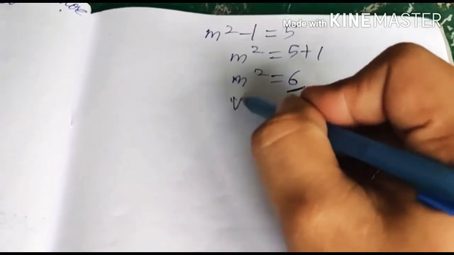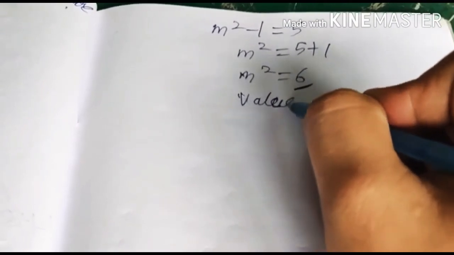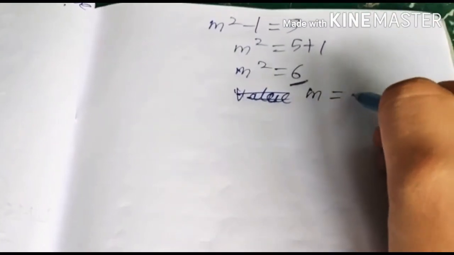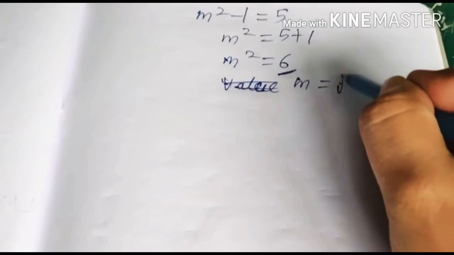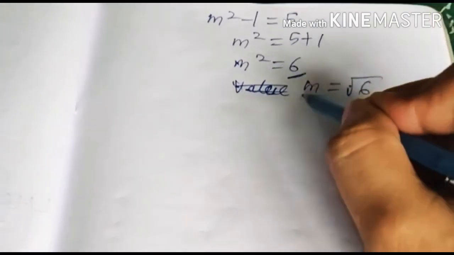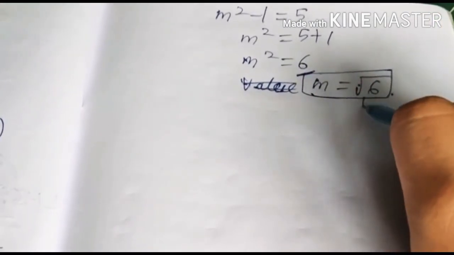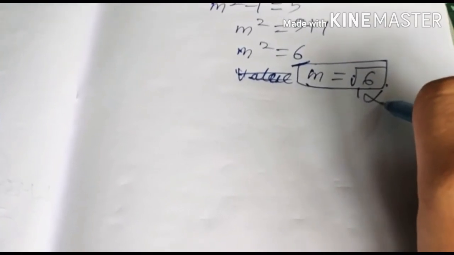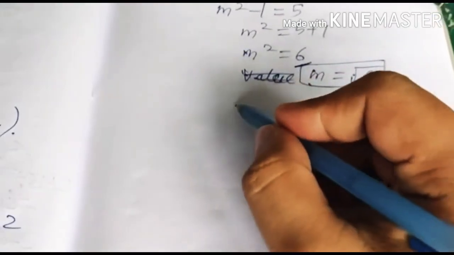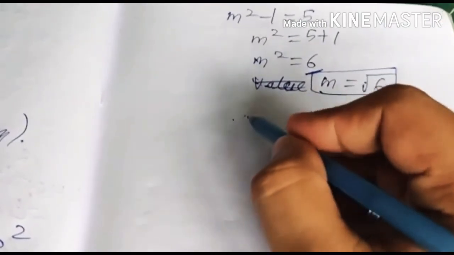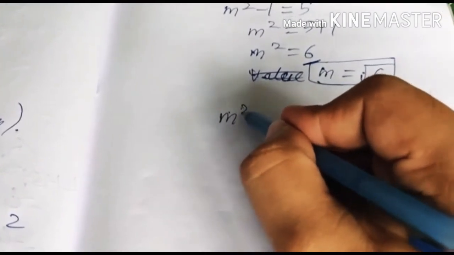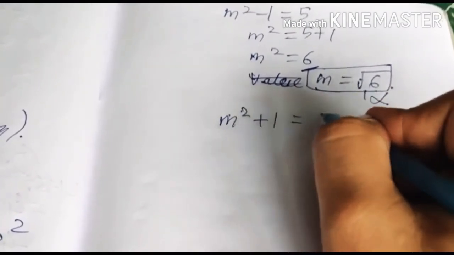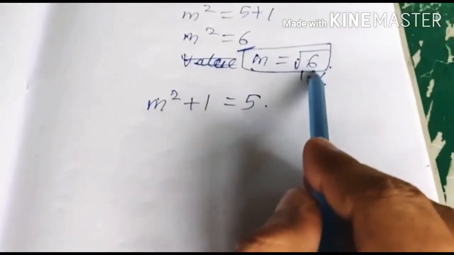The m value will be root 6. This is not a natural number, so we won't take this either. If we take another form, say m square plus 1 equals 5.